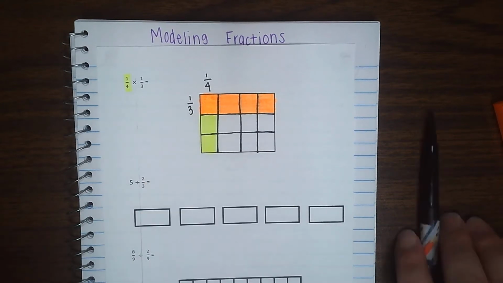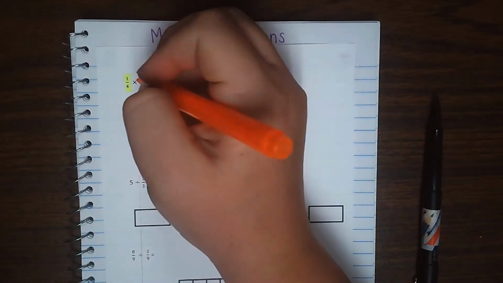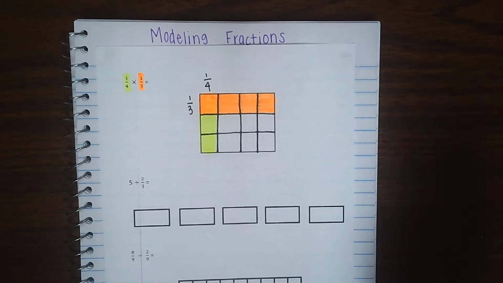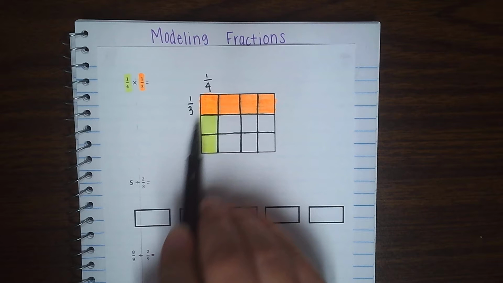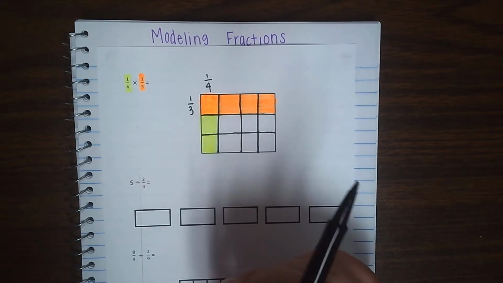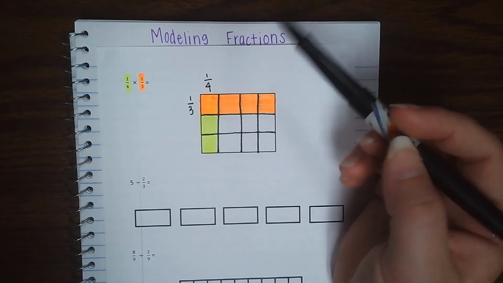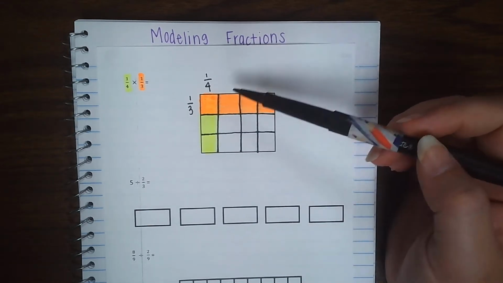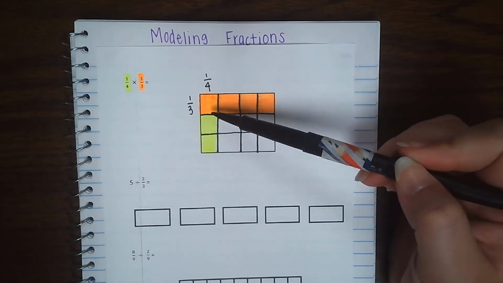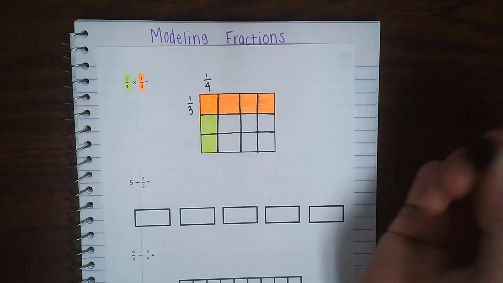Now when I'm solving this, I forgot to highlight our 1/3. When I'm solving this, I want to look at how many boxes have both colors in them. Well, this one's a little bit hard to see, but one full box has both yellow and orange in it.